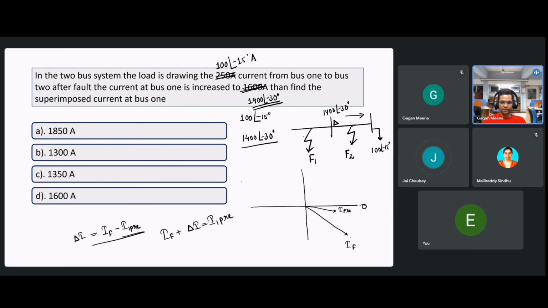Now I want to subtract IF minus I pre. If you do that by the parallelogram law, then you have to take the negative of this I pre, minus I pre, and then you add these two. You do it like this.